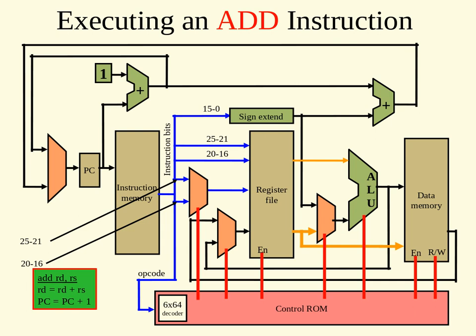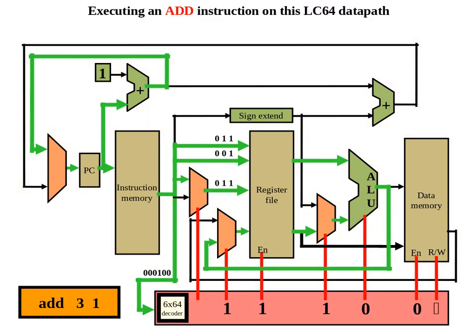So the add instruction, you have add RD/RS, where your destination is equal to the contents of the destination register plus the contents of the source register, and then we're going to increment the program counter. So let's do add 3, 1. What does that mean? Well, look at this. Notice from instruction memory is where we are reading the instruction.